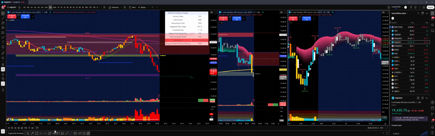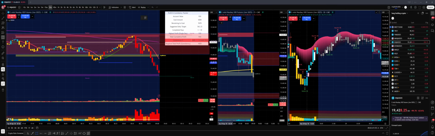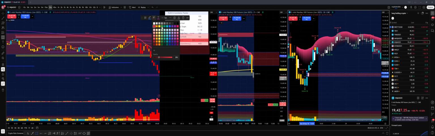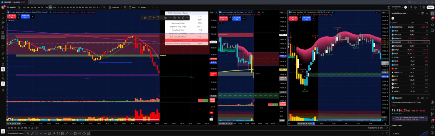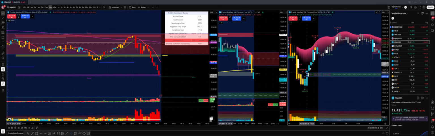So let's put a buy zone there, right here. It's going to be our buy zone. We're going to look at the volume in a second. We'll just mark this out, and we'll make our adjustment from there. Once that is done, let's see what this buy zone is showing.